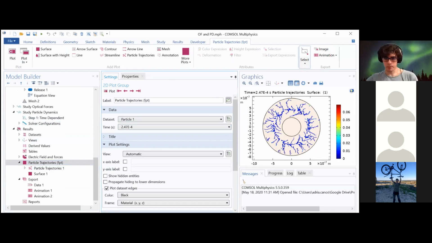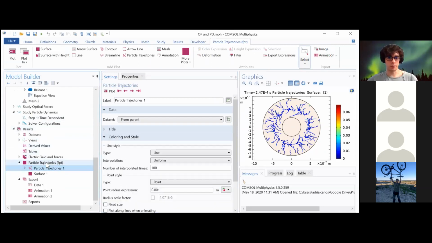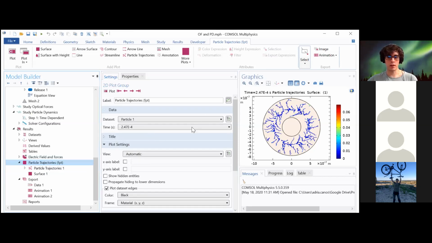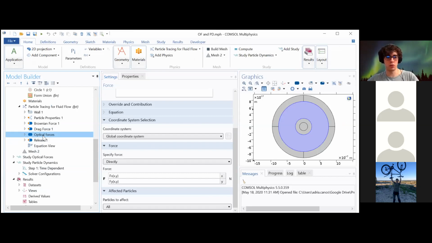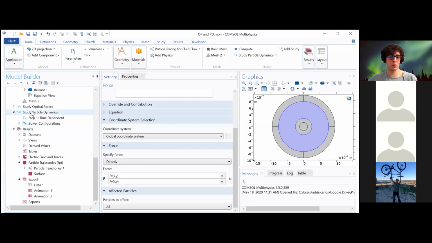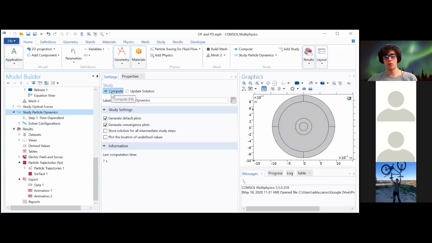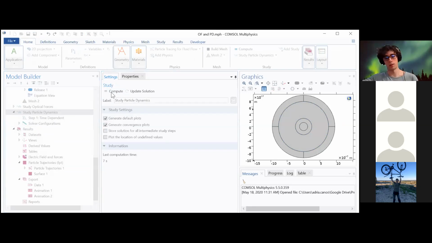In any case, this is the same plot when we activate the forces. So let's assume, for example, that optical forces are 0. So we disable this model and see what occurs. This would be equivalent to saying that your laser is disabled, and let's observe the behavior of the system when there are no optical forces active.